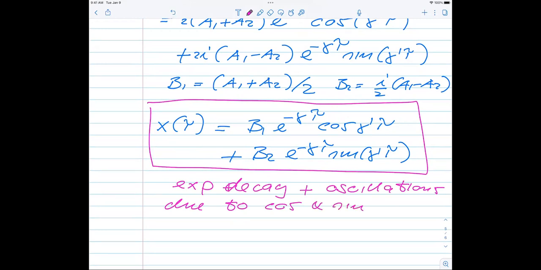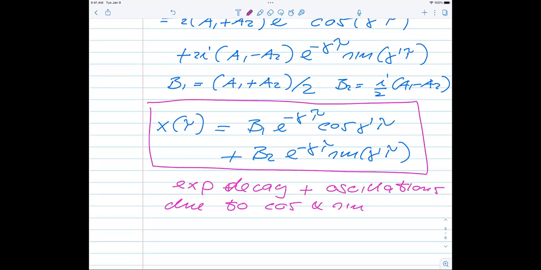And this is what we saw when we ran things numerically. We saw clearly that there was an oscillation and there was a damping. And here we can actually prove it mathematically. So this gives us a lot of insight about the actual solution of the problem.